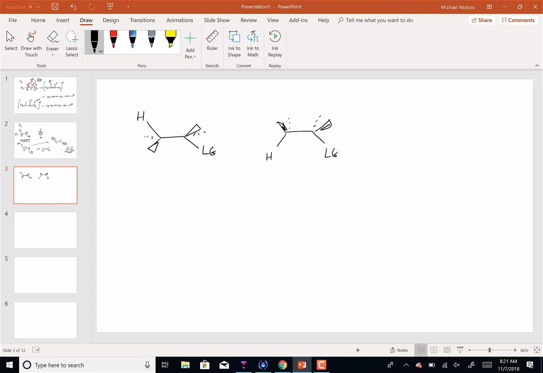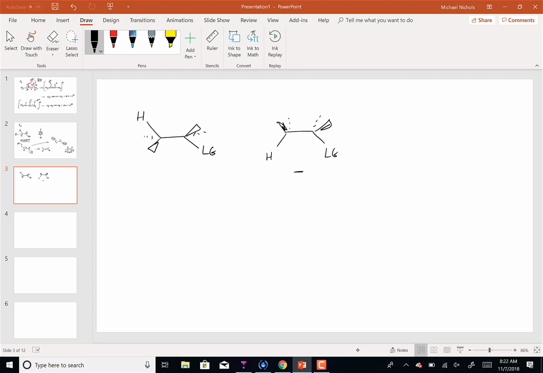And since we didn't, it probably doesn't exist. And so here's why it doesn't exist. In E2, the second geometry will not react, because the hydrogen, while being periplanar, is not anti-periplanar. But both of these will react easily in E1.